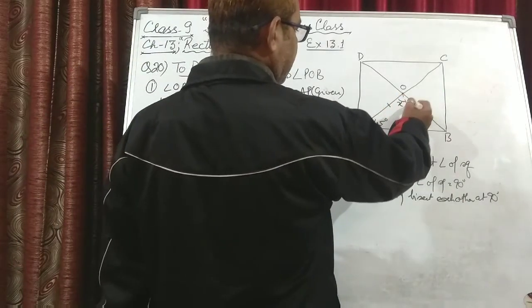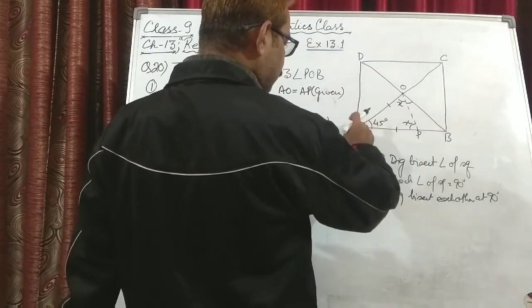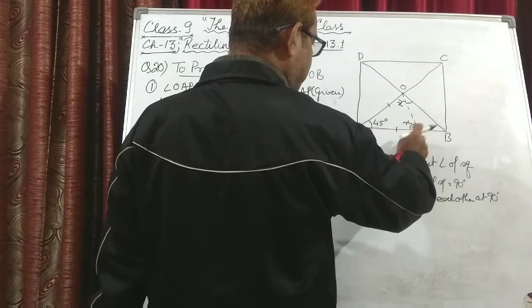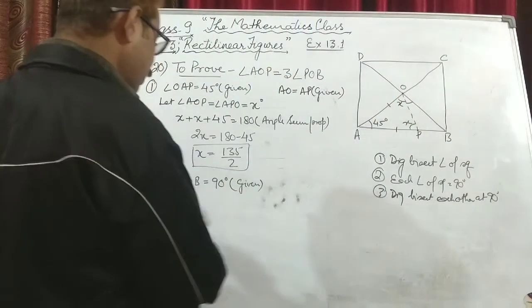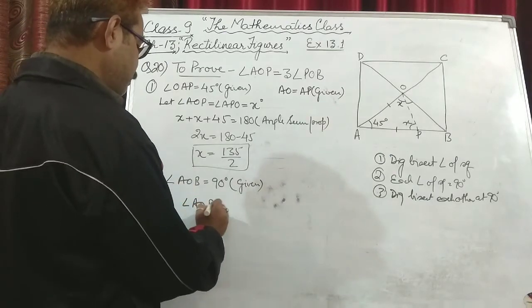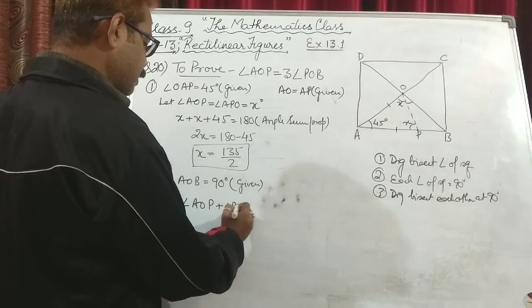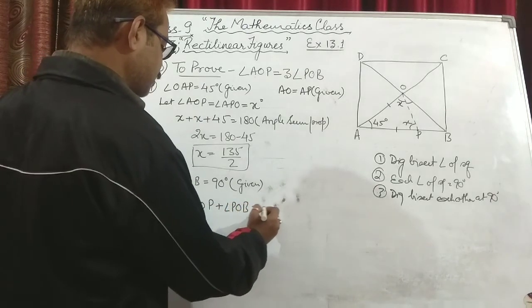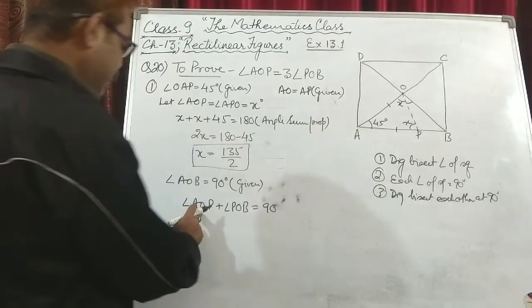So this total angle is 90 degrees. Out of this, AOB can be written as angle AOP plus angle POB is equal to 90 degrees.